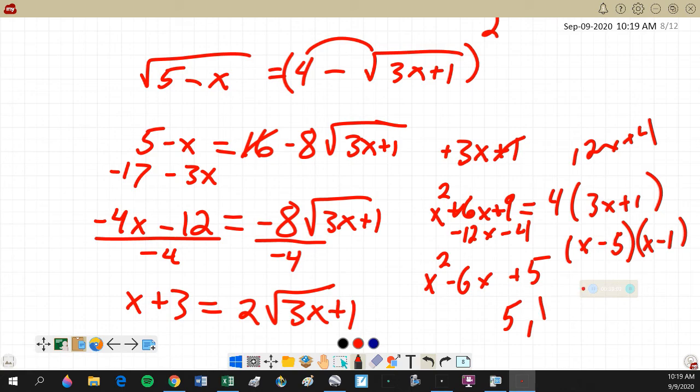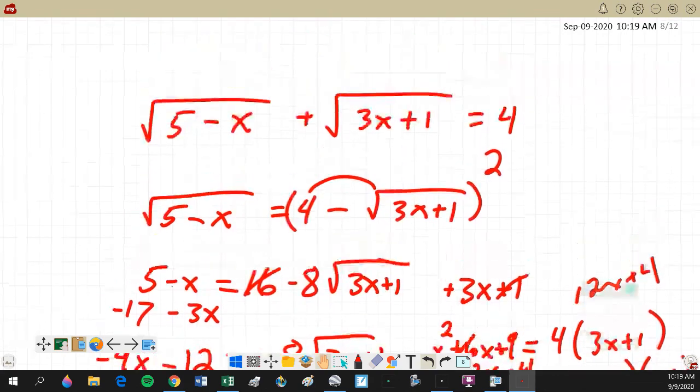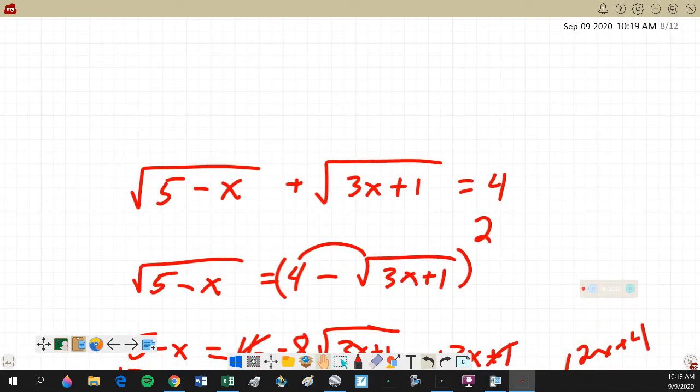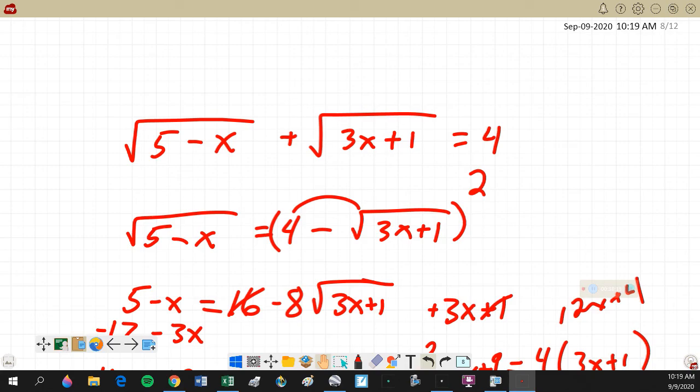And we plug those back in to see if they work. If one works, does that mean the other one doesn't work? No. They might both work. They might both not work. You might have one of each. So let's try, were they positive or negative? Positive. So 5 and 1. If I plug in 1, I get root 4 plus root 4.